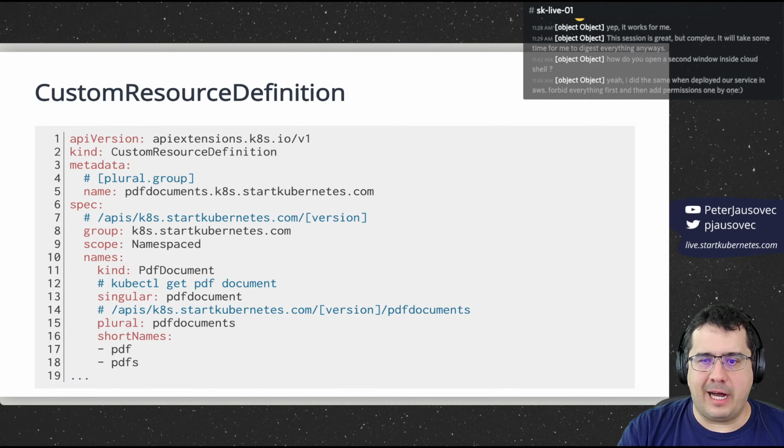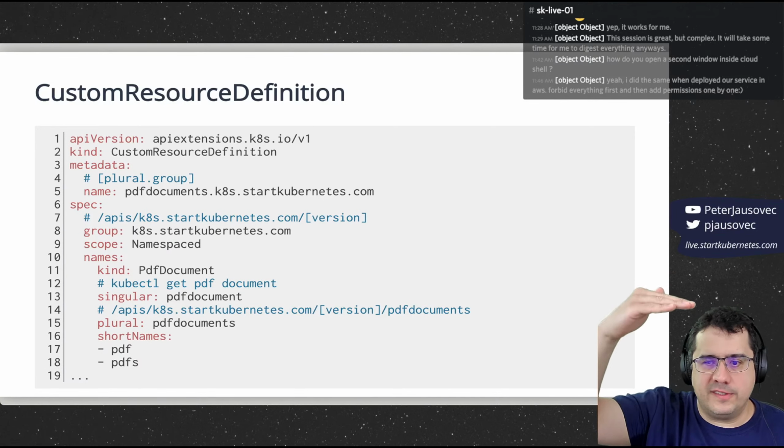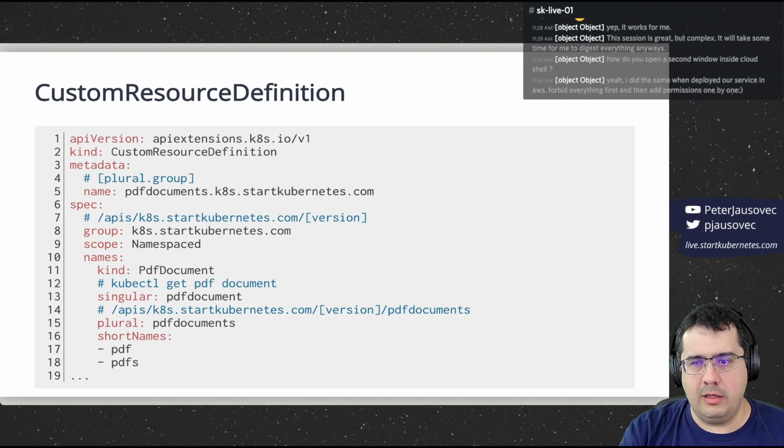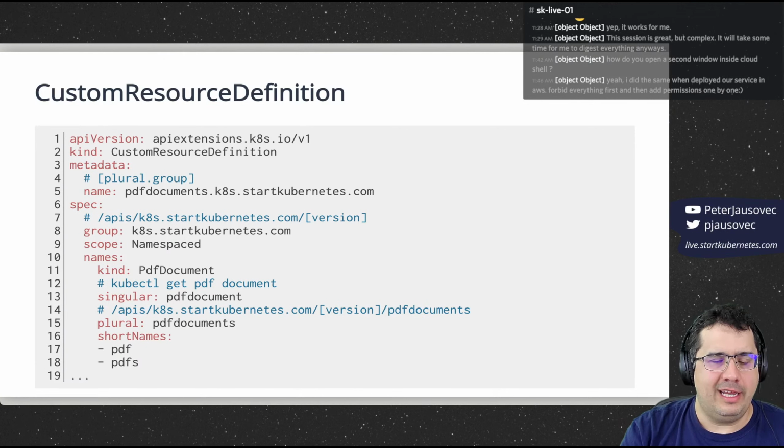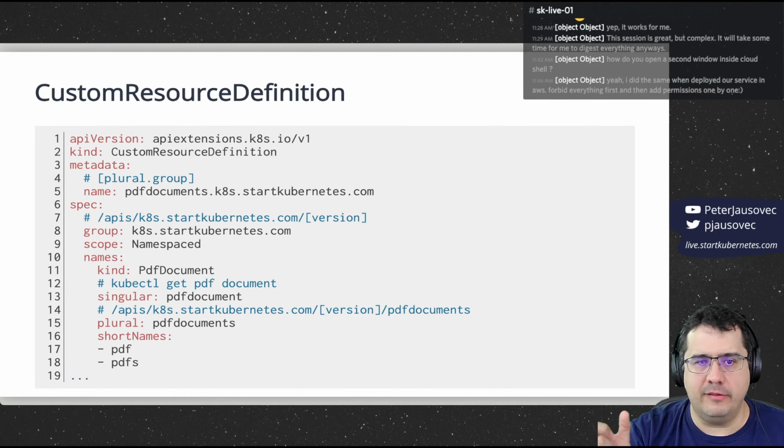Finally, on line 5, and I know we went backwards up, we have to provide a name for this resource in the name field. The way this name is created is by taking the plural name, which is PDF documents, and combining it with the group name.